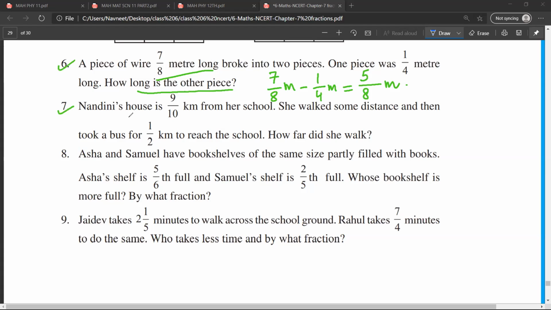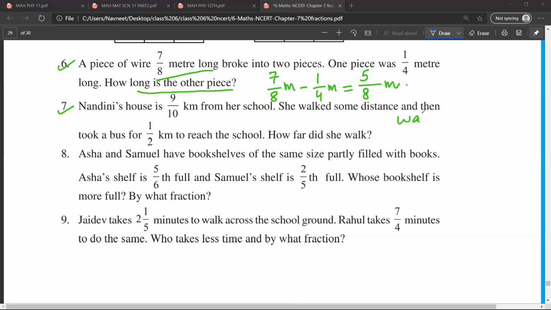Seventh question. Nandini's house is 9 by 10 kilometer from our school. She walked some distance and then took a bus for half kilometer to reach the school. How far did she walk? So 9 by 10 minus 1 by 2.